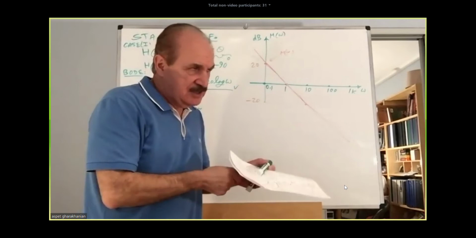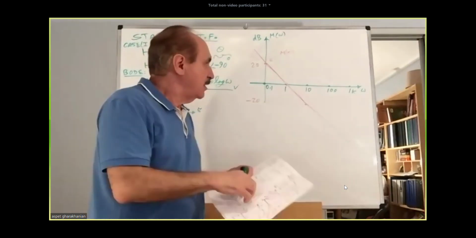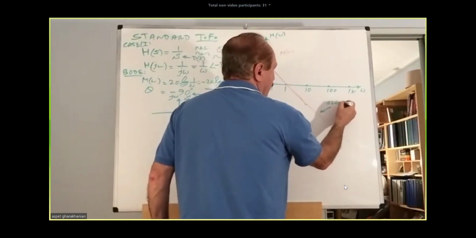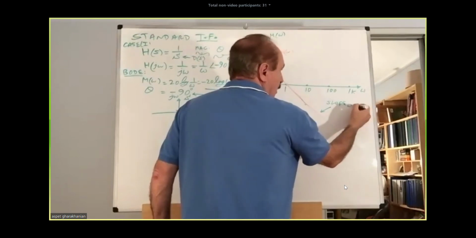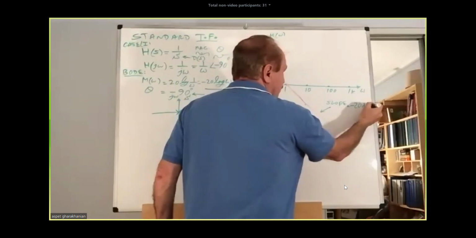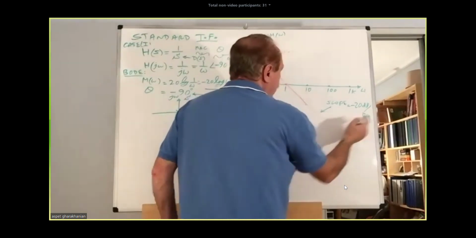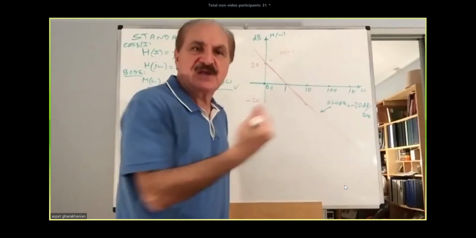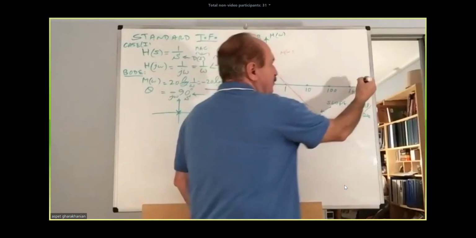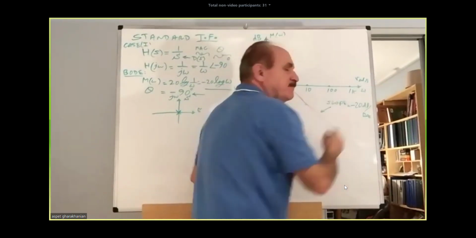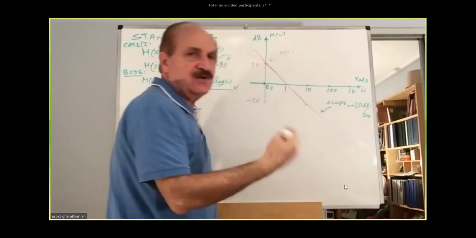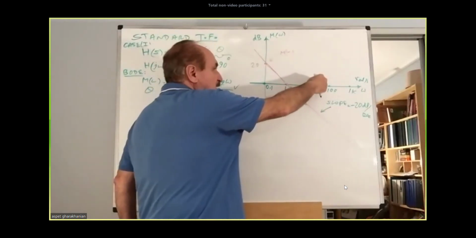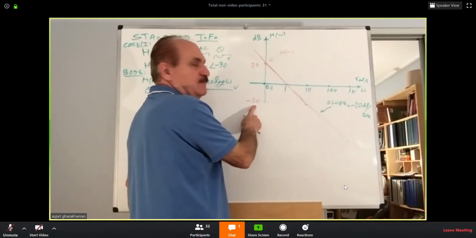I want you to notice, and it is extremely important, the slope of this line. The slope of that line, and it will always be the case, is minus 20 decibels per decade. It means that as you increase the angular frequency by tenfold, going from 1 radian per second to 10, 10 to 100, the gain keeps dropping by 20 dB.